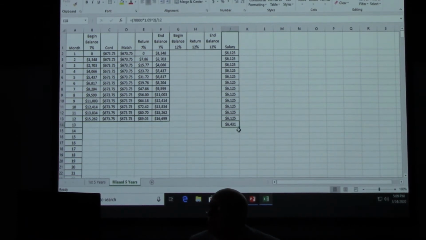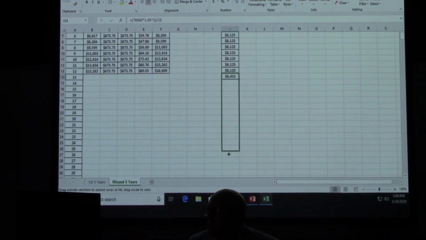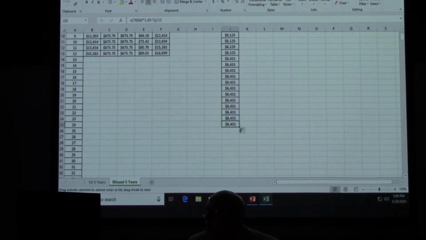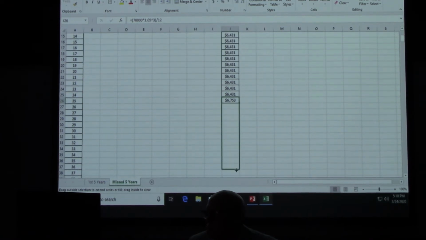We'll go down to 24. And then this will be raised to the third, and 36.